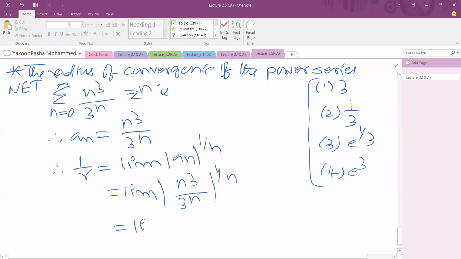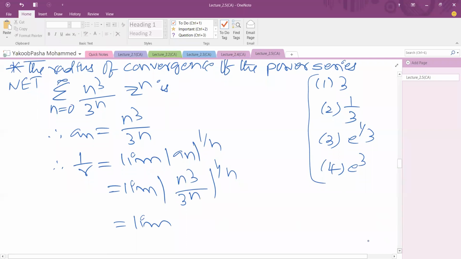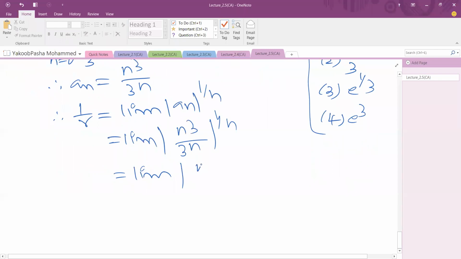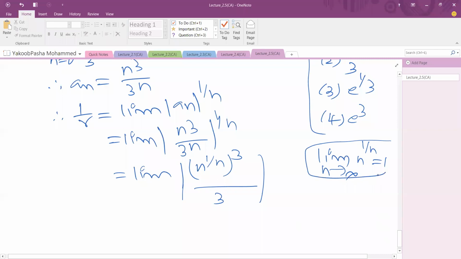So this can be written as limit of n power 1 by n whole cube in the numerator, and in the denominator 3 power n into 1 by n, the n cancels. So we write 3. As we know that limit n tends to infinity of n power 1 by n is equal to 1. This is the formula, we can use that formula here. So that is equal to 1 by 3.